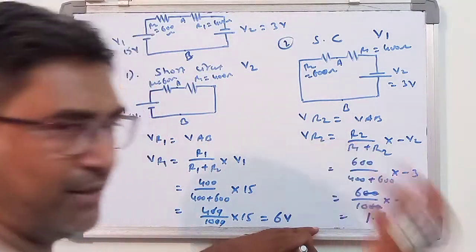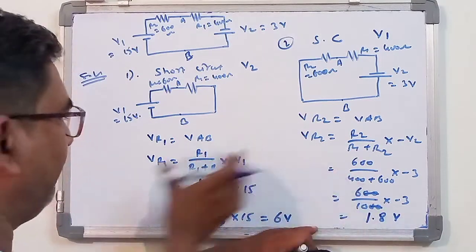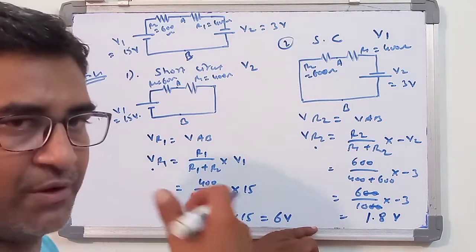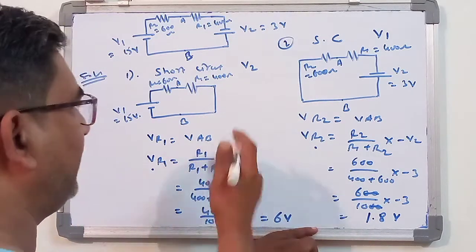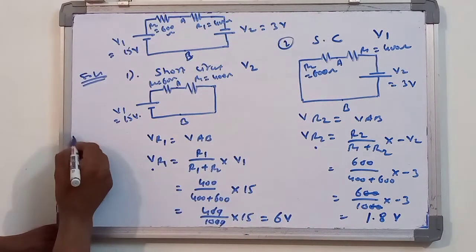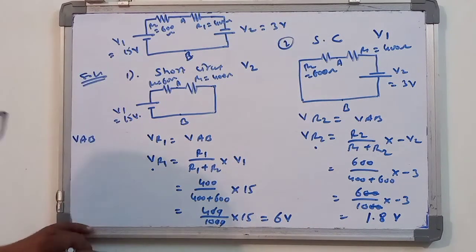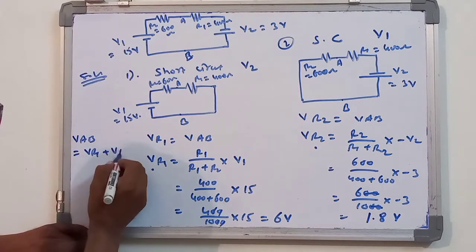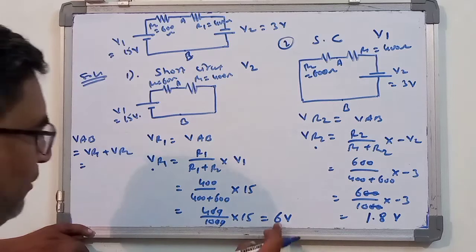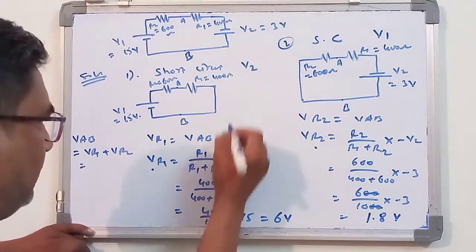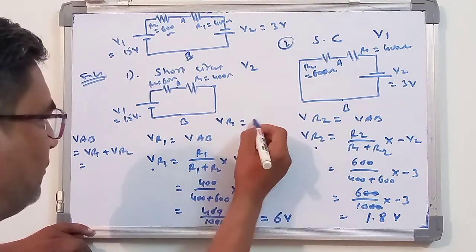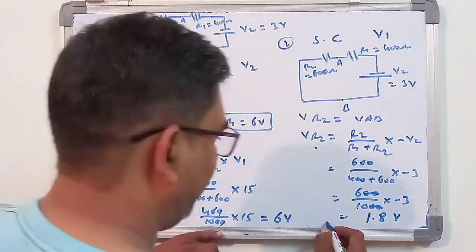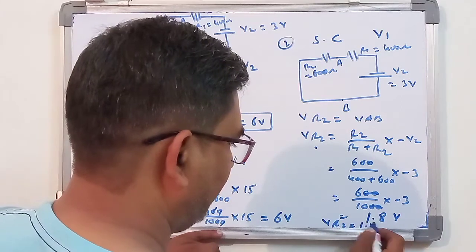Okay, then at the end we have this VR1 and VR2. Okay, what is our ultimate aim? Your ultimate aim is to find out the value for VAB. This VAB is equal to VR1 plus VR2. What is the value for VR1? Here VR1 is equal to 6 volt. You make the mark like this. Here VR2 is equal to minus 1.8 volt.